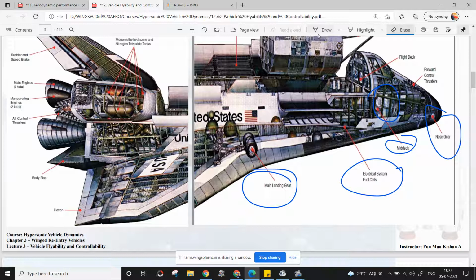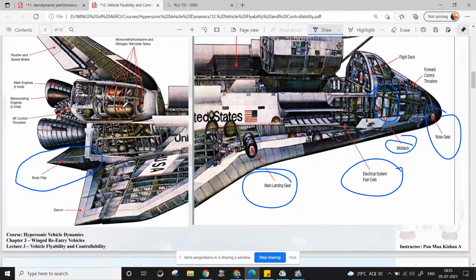Another important factor in the space shuttle design is called the body flap. Generally, when we speak about all types of control surfaces in aircraft, even pilots will say decrease the flap, increase the flap angle, right? Deflection angles of flap.